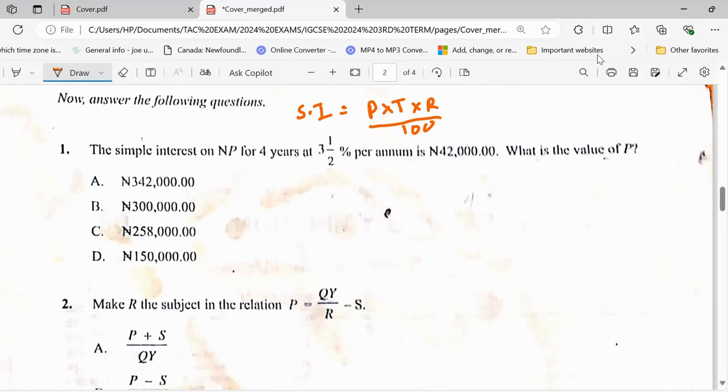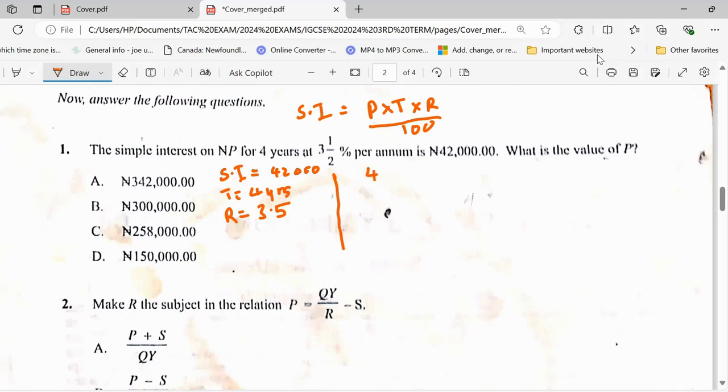But here we are told that the simple interest is already given as 42,000. And then we have our time to be 4 years. Then we have our rate to be 3.5. So now we can join all of these together.